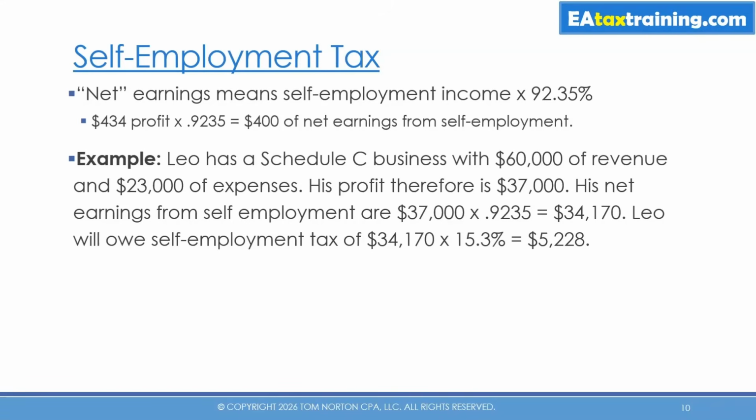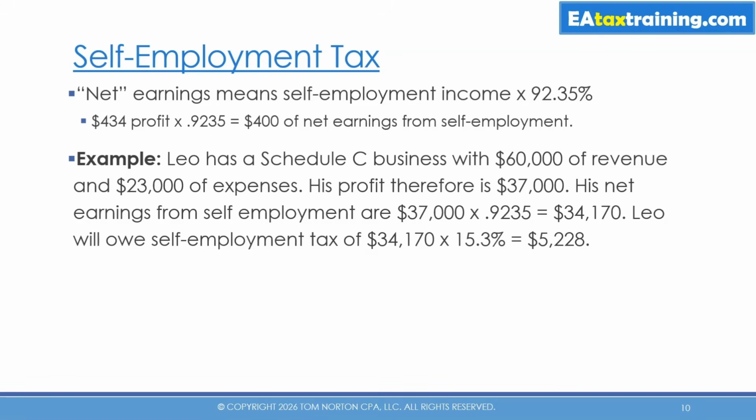Why are we multiplying it by 92.35%? So the employer's half, remember, is 7.65%. So 1 minus 7.65% is 92.35%. If this were not a sole proprietorship, let's say it was an S Corp, the employer's share of Social Security and Medicare would be 7.65%, and that would be a deduction on the S Corp's tax return.